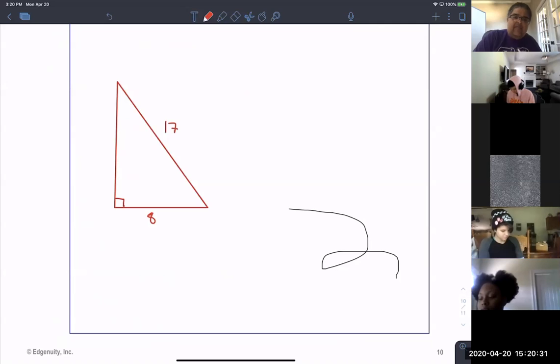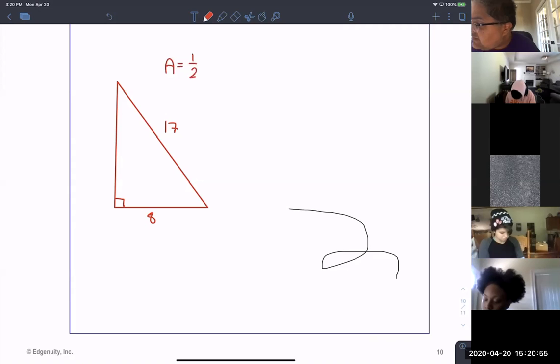What's the area of this triangle? So remember, for a triangle, it's 1/2 base times height. What is my base? What's the length of my base here?